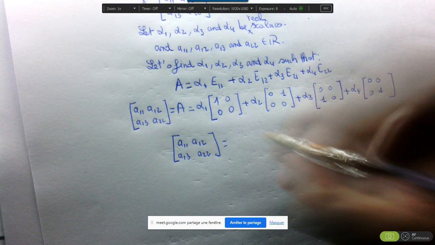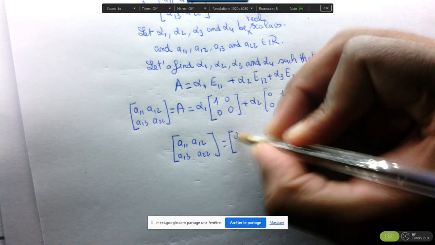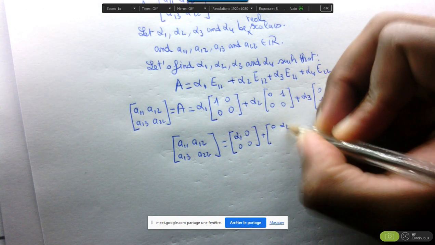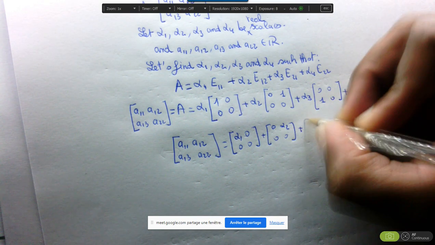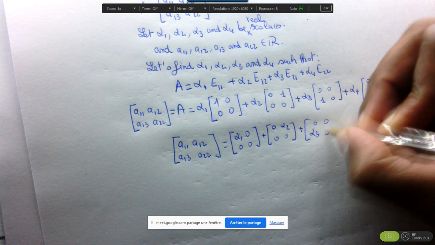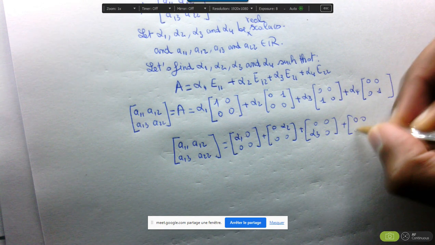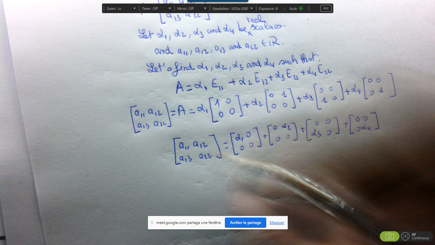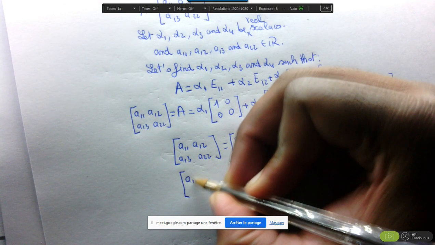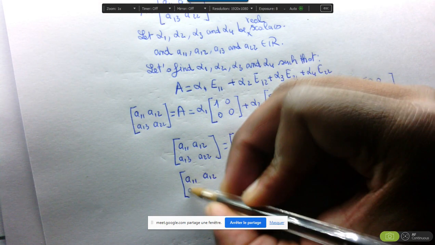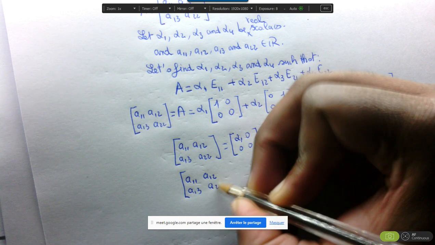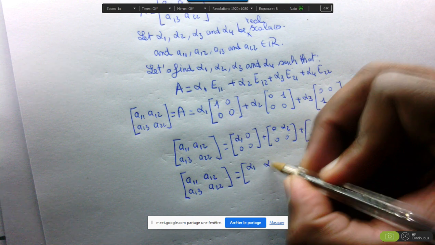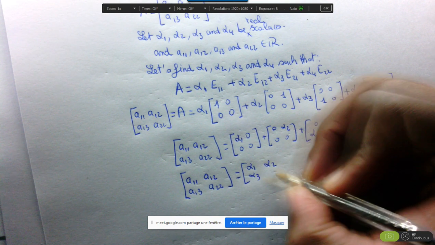I do the sum of these matrices: a11, a12, a21, a22 equals alpha 1, alpha 2, alpha 3, and alpha 4.